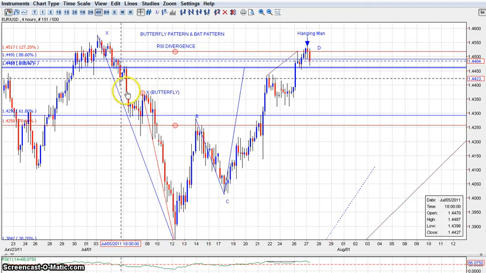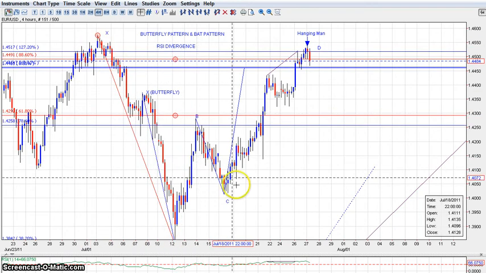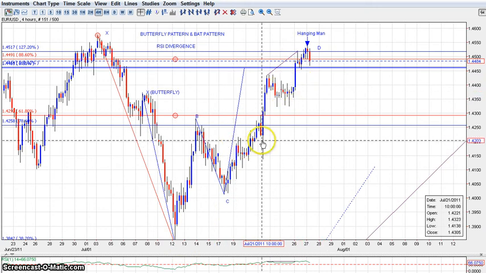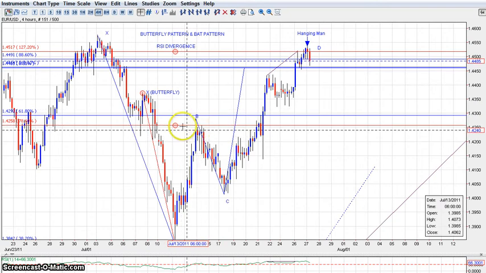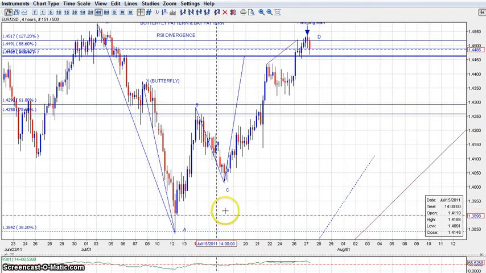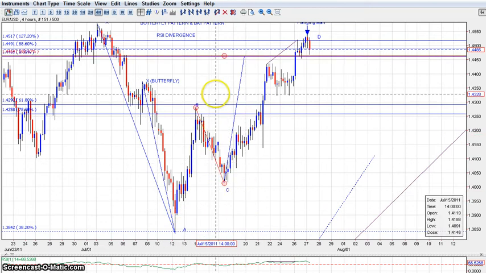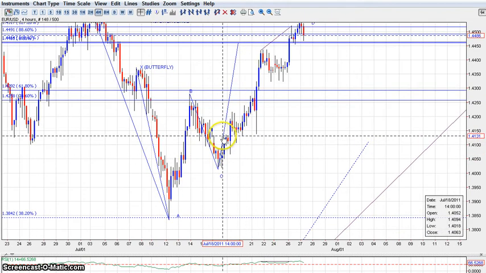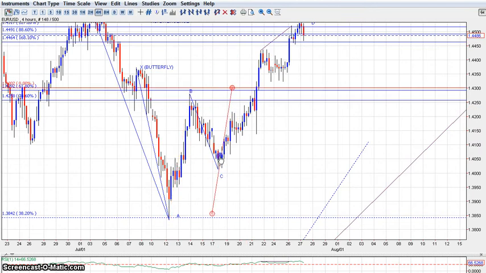If you put in more data, then you got a bat pattern as well, which is X, A, B, C, D. So literally, this pattern, the first one, the butterfly pattern, which is basically B, is approximately 78.6 Fibonacci retracement of the XA leg, and you've got your 161.8 extension of the BC leg and 100% extension of the AB leg projected from the C point.